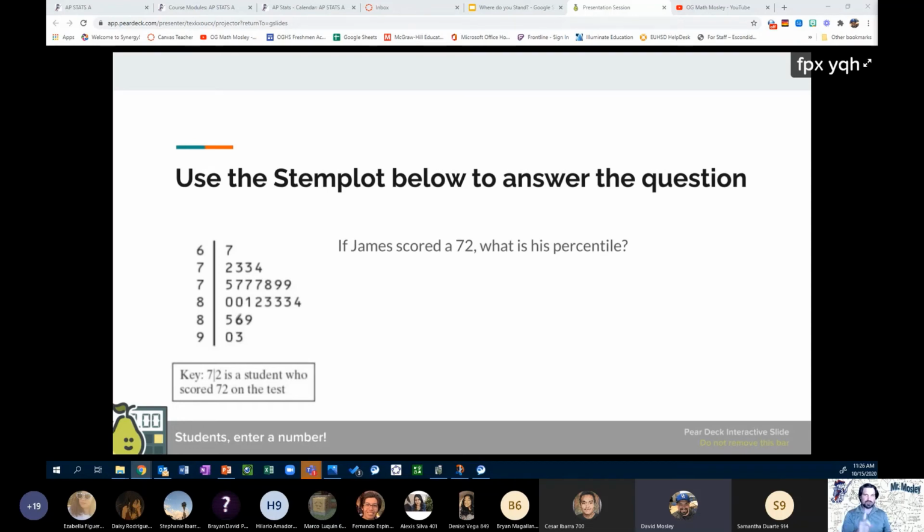For this, remember there's only one score less than 72. So we take that 1, divide it by the total number of observations, which is 25. 1 divided by 25 is 0.04. We move that decimal 2 spots to the right, and we get 4. So 4% of scores were less than 72, which means 72 is at the 4th percentile.